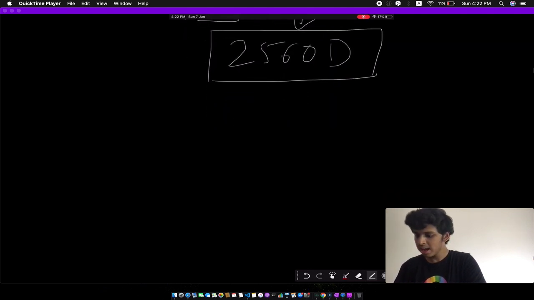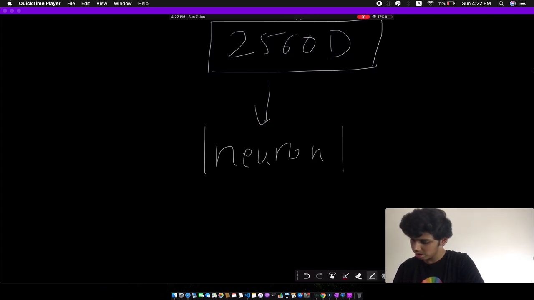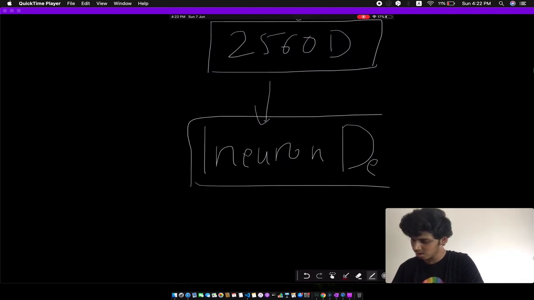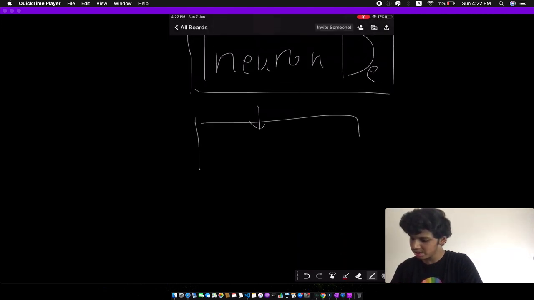And now, since we have a vector representing the image features, all we need to do is pass this through a 1 neuron dense layer, followed by a sigmoid.